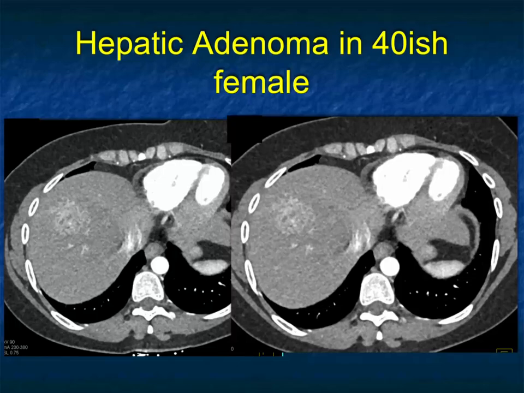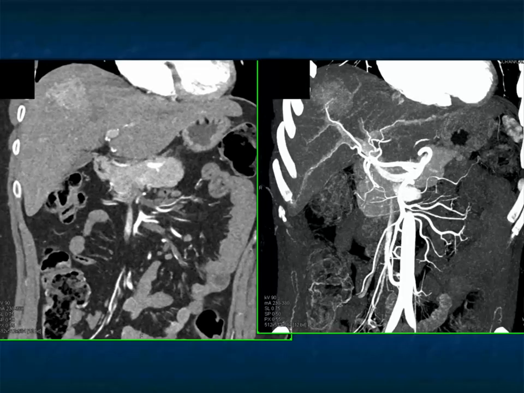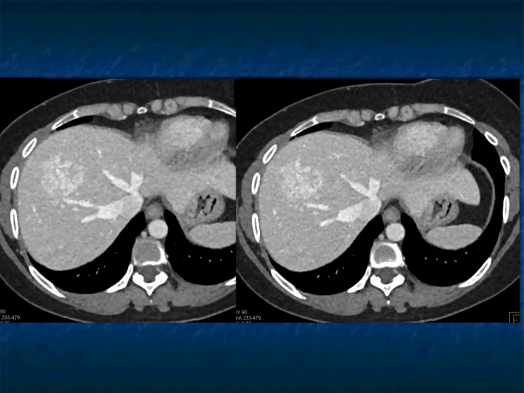Here's another patient, a 40-ish-year-old female, with a vascular lesion and mass effect pushing toward the IVC. You can see some of the vessels feeding the lesion. It's bright, it's irregular. You could think about FNH, but it's not as homogeneous as an FNH typically is. You've got to think hepatic adenoma, but truthfully, you're also thinking something like hepatoma. Here's the lesion again on venous phase imaging, very vascular, fairly well defined.